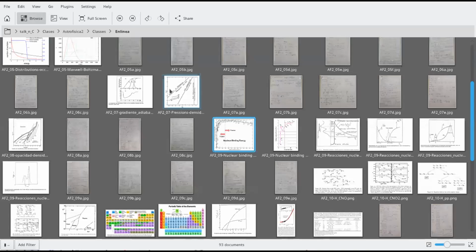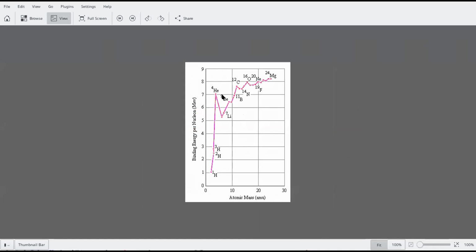If you see in detail this part, beryllium-9 is less stable, but beryllium-9 has a lower energy. So if you put this together, it's trickier to produce beryllium. You need three helium to go directly to the carbon.